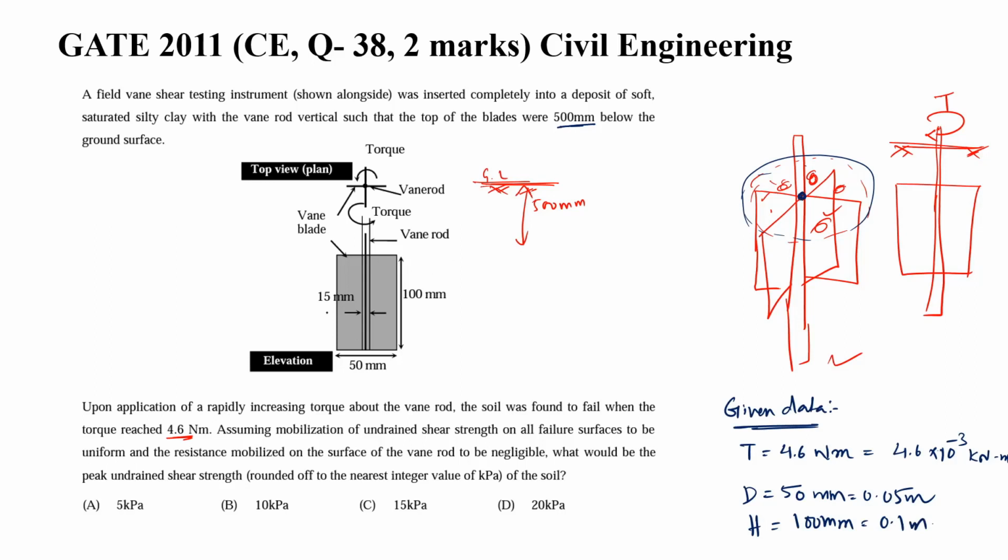The rod diameter is also given, but that is actually not required. If we read the question carefully, it says assuming the mobilization of undrained shear strength on all failure surfaces uniformly; I'll tell you what those failure surfaces are. The resistance mobilized on the surface of the vane rod is negligible, so there is no need to consider this diameter.